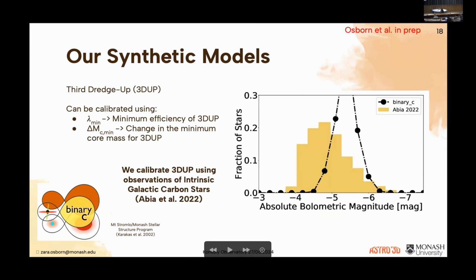We are using single stars for our calibration, and in the ABIA 2022 paper, they have a sample of carbon stars that they believe to be single based on their luminosity. There might be some intruders in there, but I reckon that overall it should be okay. There might be some selection effects, but I don't think they will have a large impact.